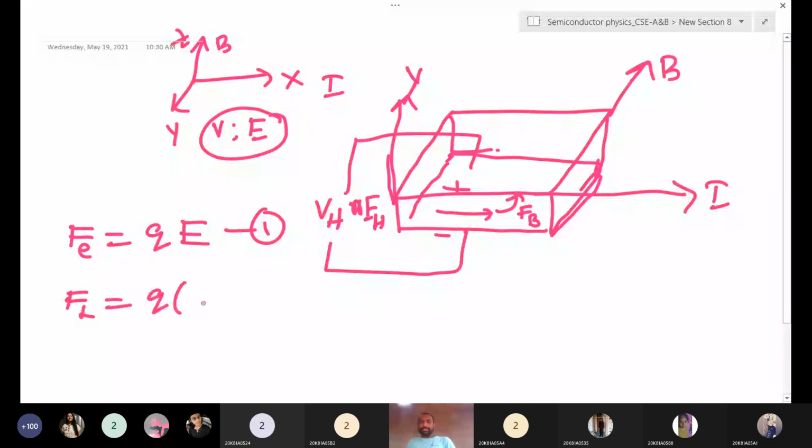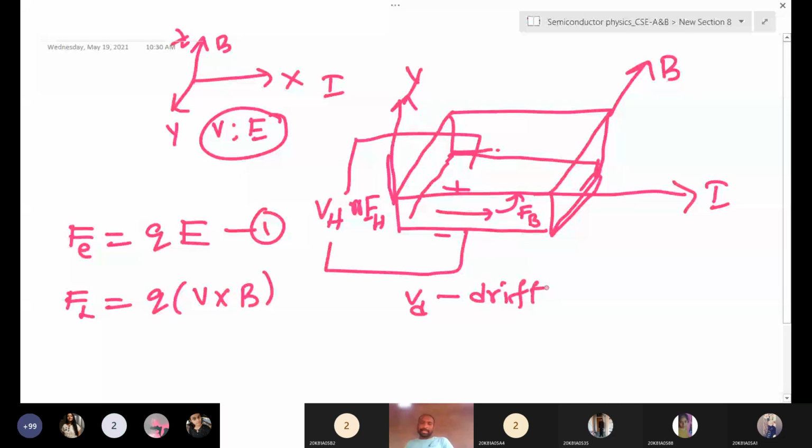Drift velocity means, if a charge carrier is moving due to some electric field, we say the electrons are drifted, or forced by an electric field. If the electrons have some velocity due to the electric field, that is the drift velocity.